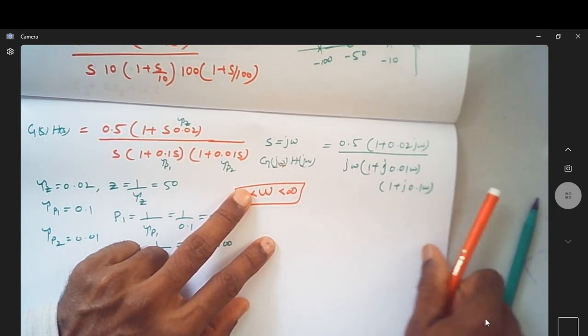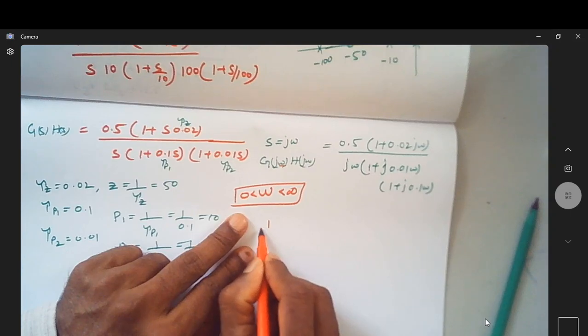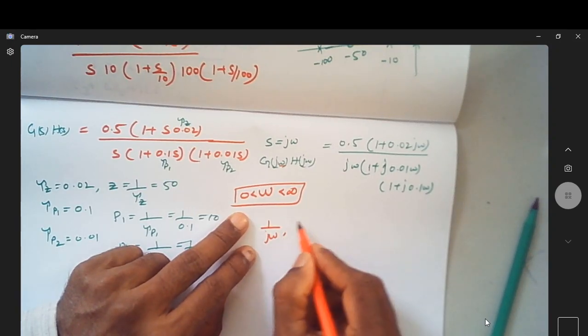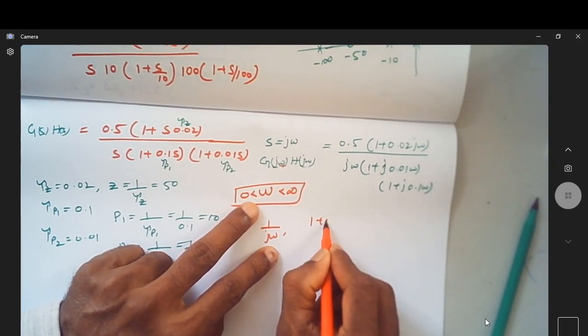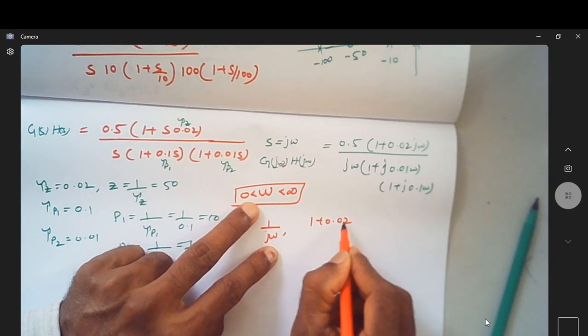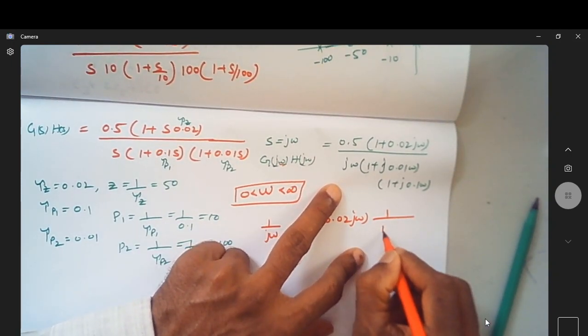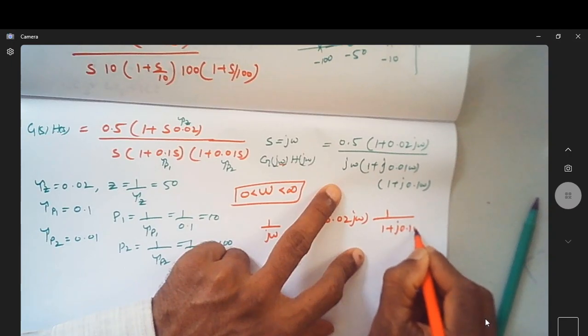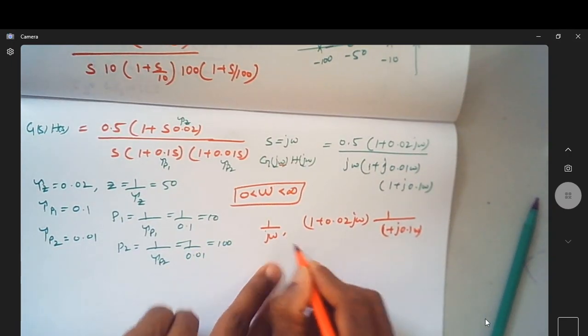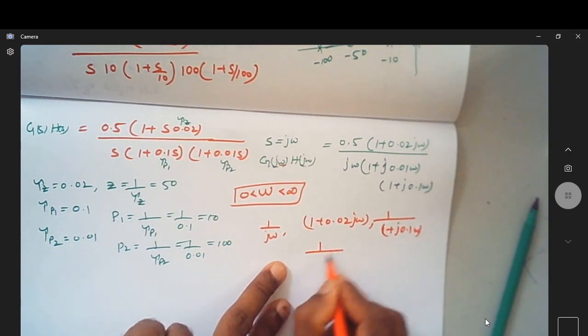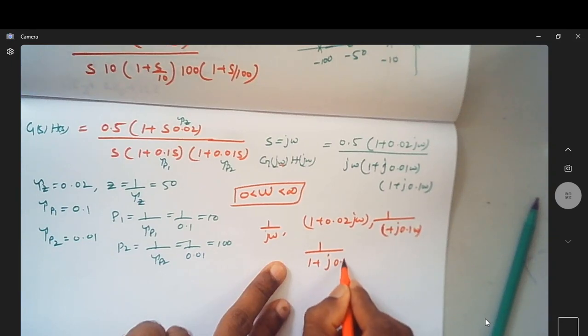So what are the terms you have? The terms you have are 1 over j omega, 1 plus 0.02 j omega, 1 over 1 plus j 0.1 omega, and 1 over 1 plus j 0.01 omega.